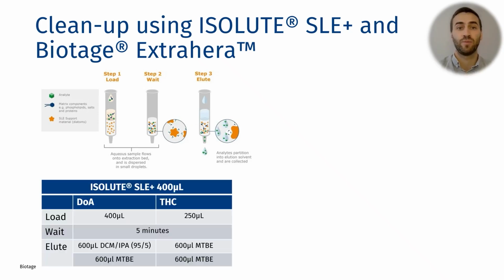For the drugs of abuse, it was a direct load of the previous step. So this was 400 microliters. For the THC, the previous step was evaporated at 40 degrees and reconstituted in 250 microliters of 80-20 methanol water solution.